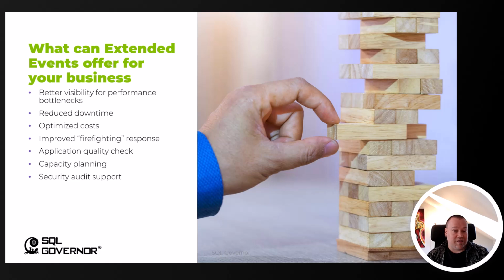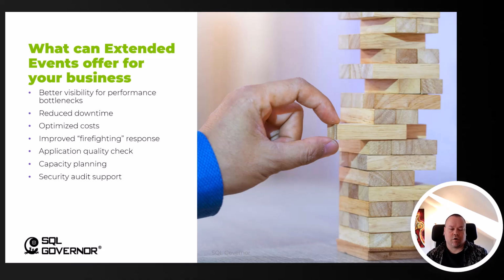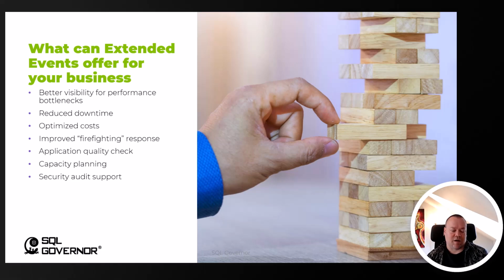Of course, this kind of statistical information of those queries is not ready there, but if you have software like SQL Governor, it is built into our software, the further analysis of those footprints of those workloads. And then the security audit support, last but not least. For example, if you have failed logins, authorization problems, or something suspicious on the security side, you're able to also inspect those events ongoing.